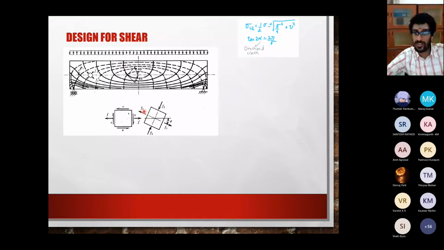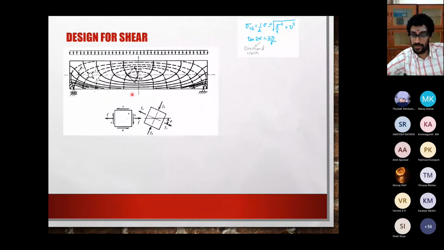You might have come across this formula where you determine your principal stresses, sigma 1 and 2, major and minor, as half of (sigma 1 plus sigma 2) plus or minus the root of ((sigma 1 minus sigma 2) by 2) the whole square plus tau square.